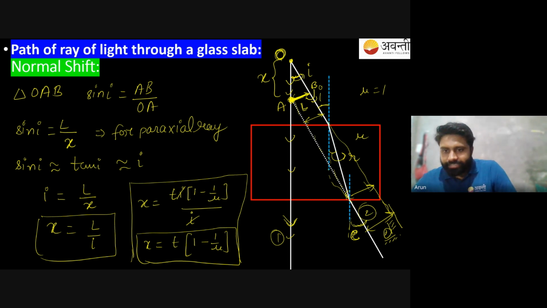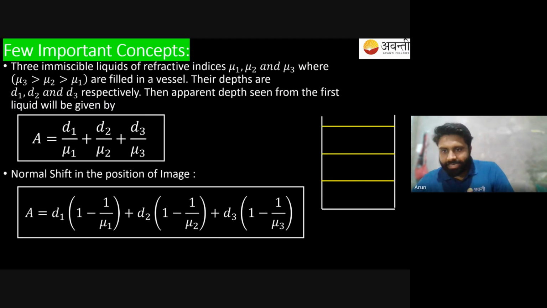Just write it in the chat box if you are, or we will move on to the next slide. So we are done with the lateral shift and normal shift of the ray. Tanaya is also there. If this concept is clear to you, just write it in the chat box. If you guys are responsive, it would be a very interactive session for me also.